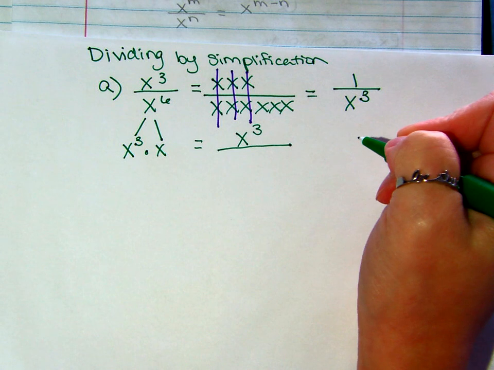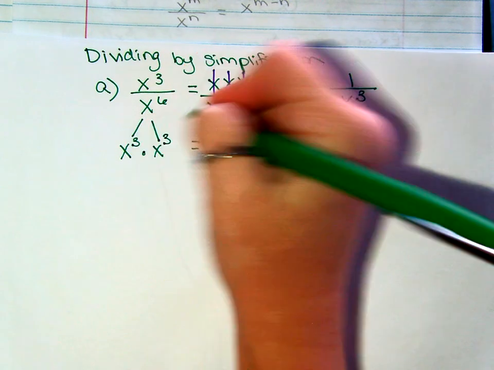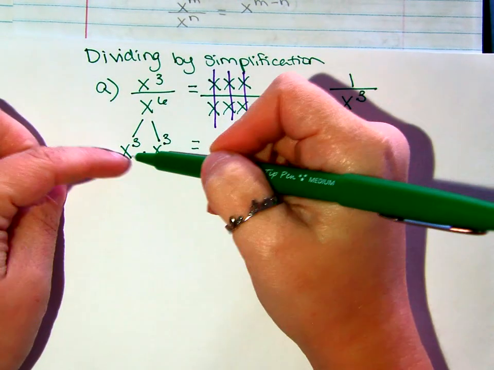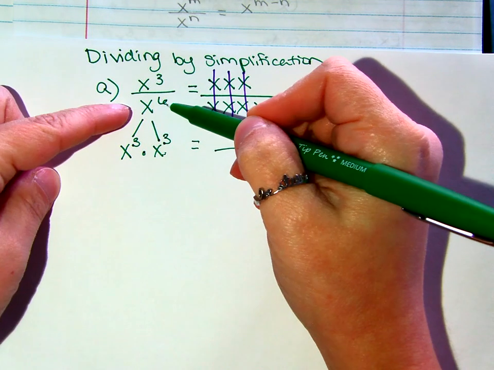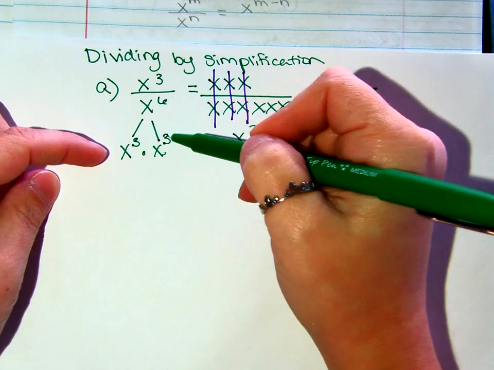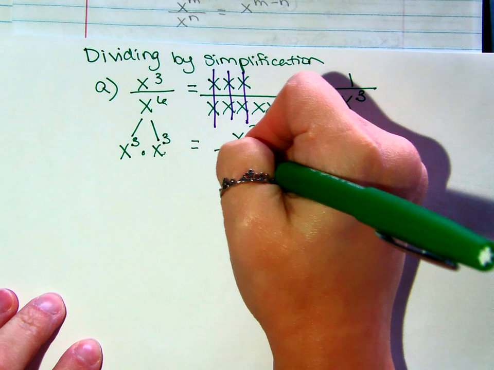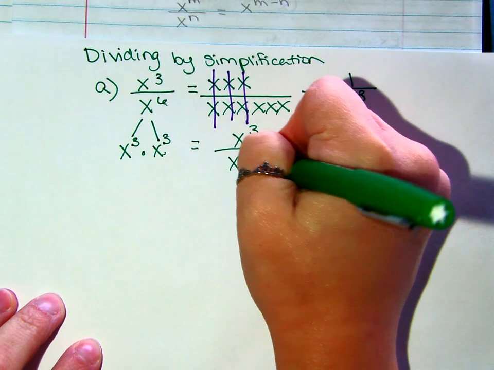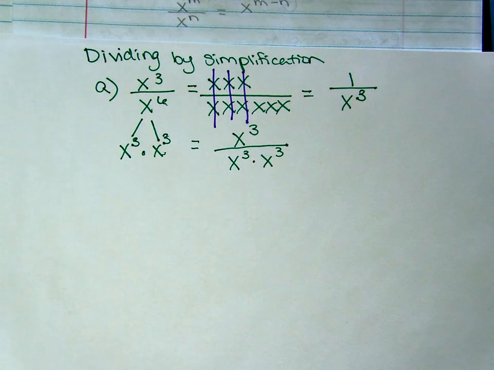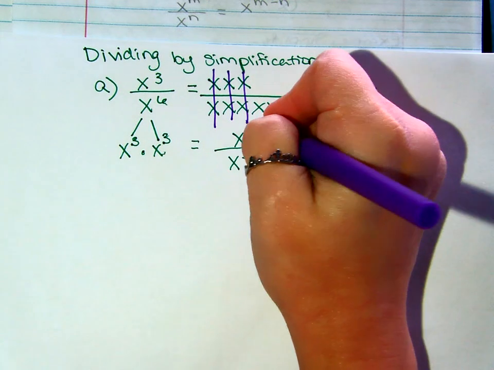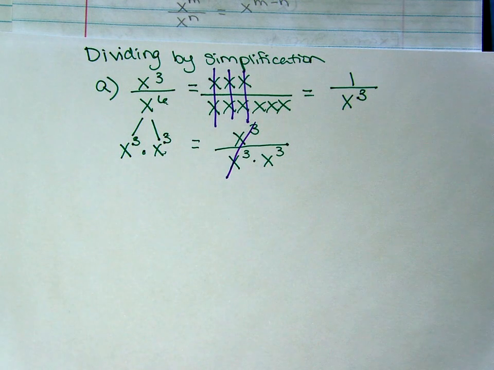Yeah, I'd have another third. Because if I use my product rule to combine these, I would get back up here, because with the product rule, you add your exponents. So this would be x to the third times x to the third. Notice again, I have x to the third over x to the third. Those would go away, and I still get the exact same answer.